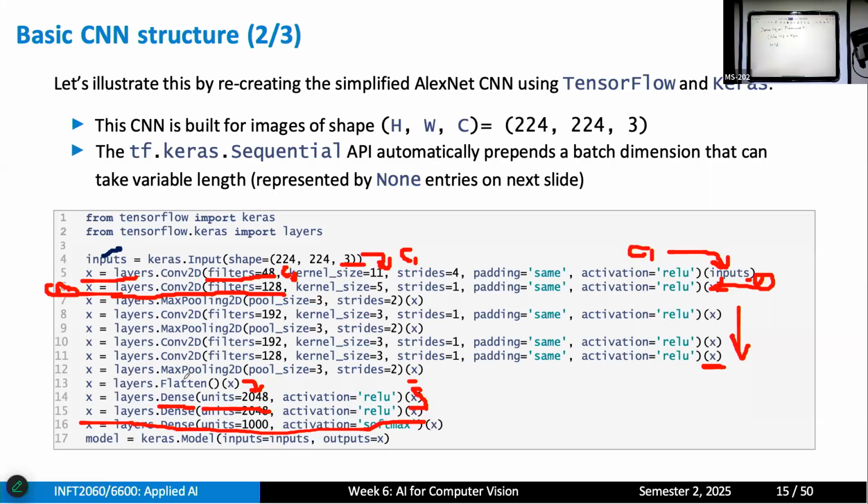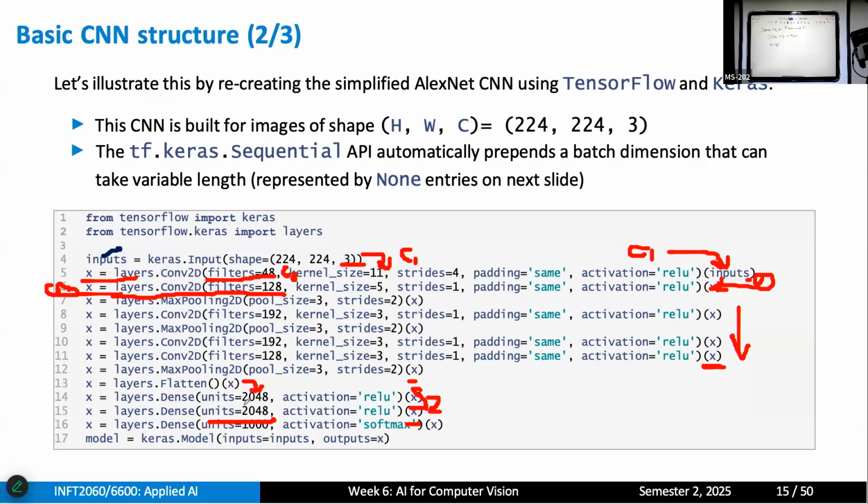So with a 1D vector, its unit is 2048. And its input, this X, is directly from the first layer.